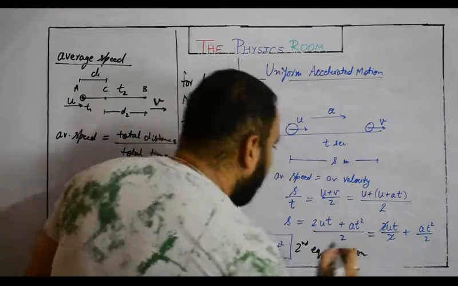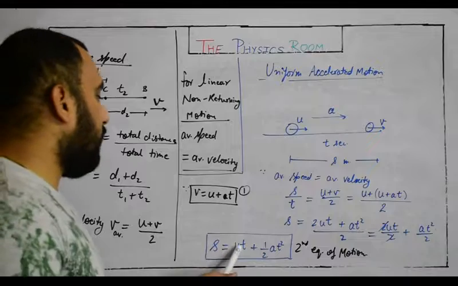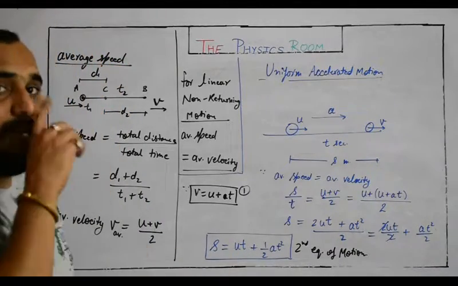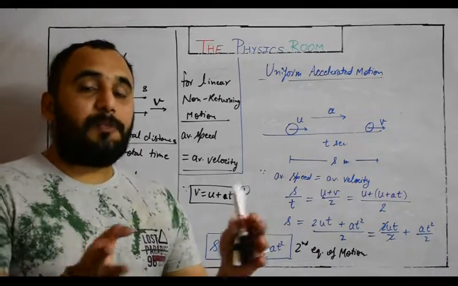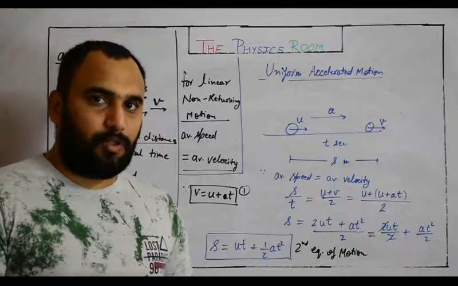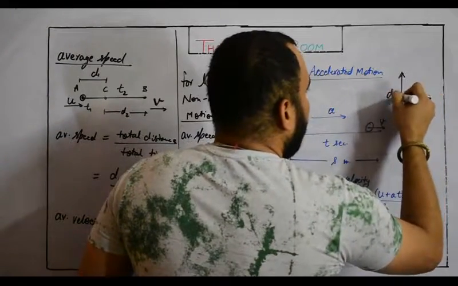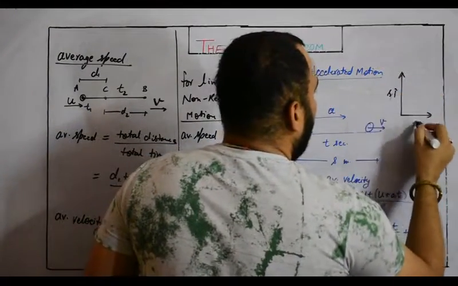which provides a relation between displacement, initial velocity, time and acceleration. And from this relation, let me remind you about the graph, the displacement time graph for uniform accelerated motion. It was looking like this: displacement s or d, time graph.